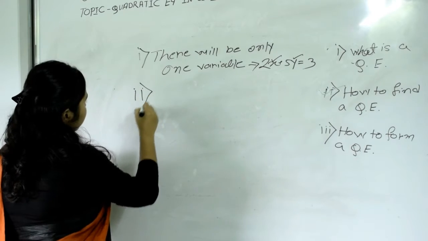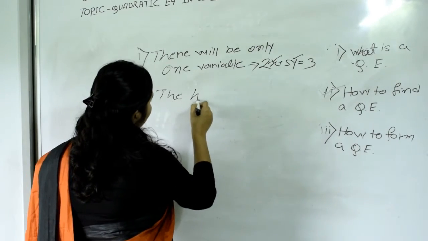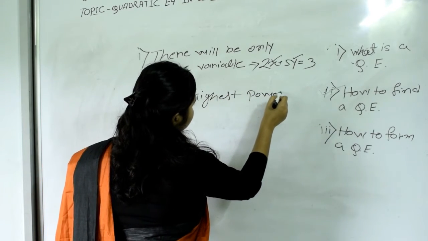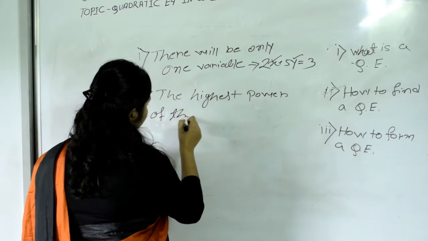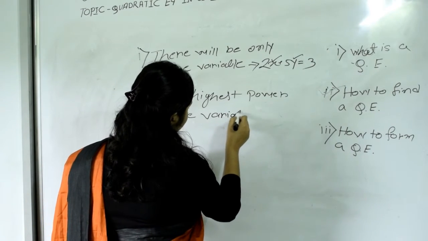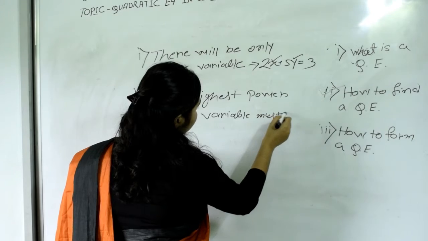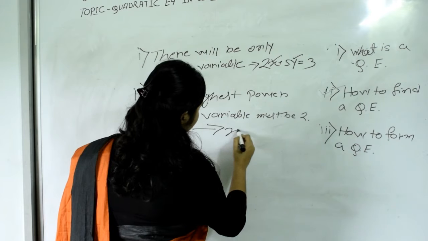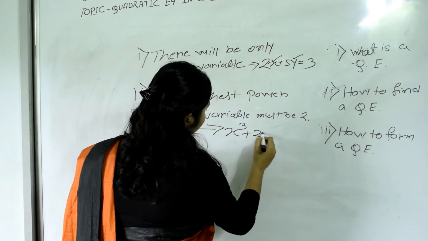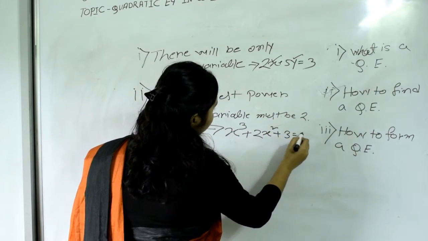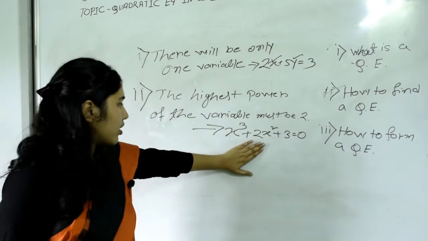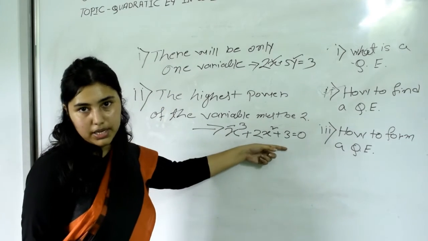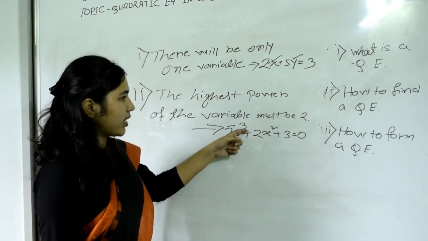Next characteristic, the highest power of the variable must be 2, which means if we consider x cube plus 2x square plus 3 equals to 0, this is not a quadratic equation, because here the highest power of x, our variable in this equation, is 3.